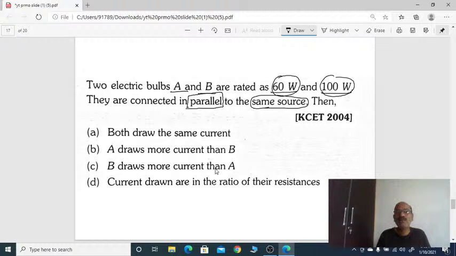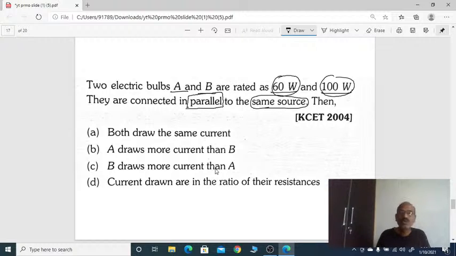Two electric bulbs, power rating is given already, 60 watt and 100 watt, connected in parallel to the same voltage. No, James. Check it now quickly.